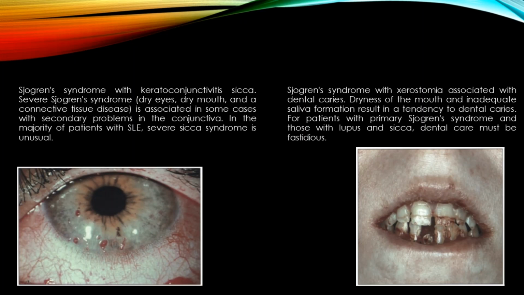In Sjogren syndrome with xerostomia associated with dental caries, dryness of the mouth and inadequate saliva formation result in a tendency to dental caries. For patients with primary Sjogren syndrome and those with lupus and sicca, dental care must be fastidious.